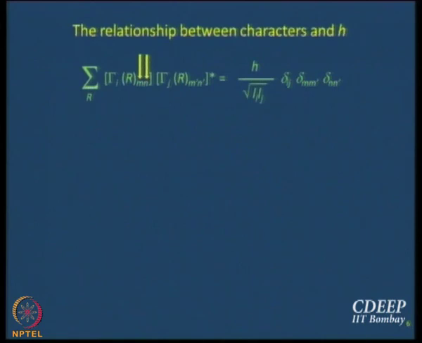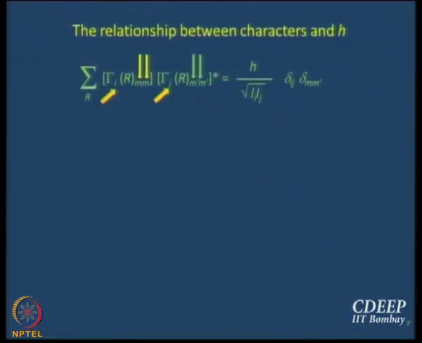If you want to work with characters, then will you agree with me that m has to be equal to n, right? Similarly, m dash has to be equal to n dash. So, what is the advantage of that? The advantage is that I do not have to worry about n's anymore. I do not have to worry about that Kronecker delta at all, right. So, I have lost one Kronecker delta, fine. Next, let us look at I and j.